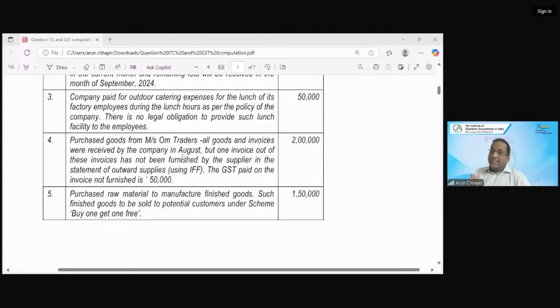Astha, if you ask from the recipient's perspective, there is no difference. From the recipient's point of view, he would need the transaction in the 2B, that's it. Now the transaction in the 2B will flow from GSTR1 and IFF.